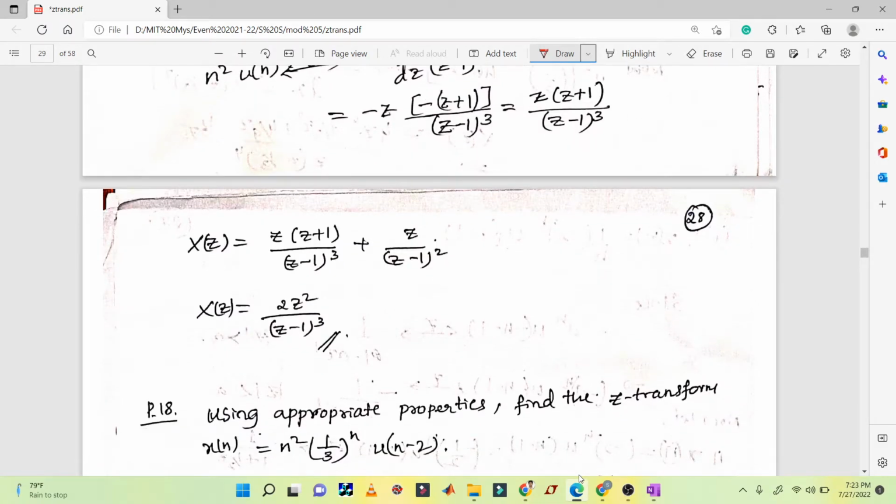So after simplification, we will get this answer. Till here, if you do, then also it is fine. If you have time, you can go for the simplification.